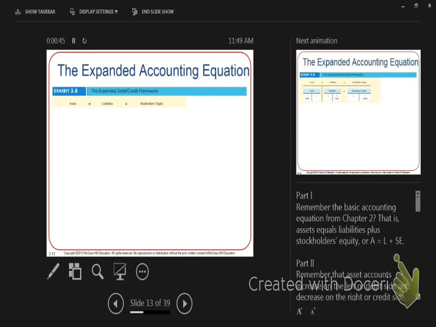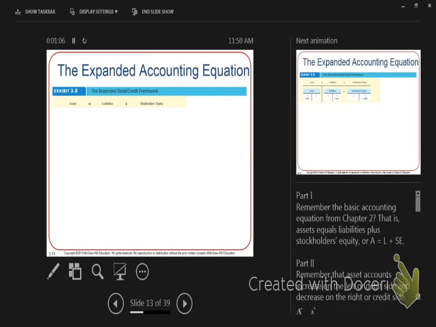Our two main items under stockholders' equity are common stock and retained earnings. And they both carry what balance? Credits. But remember when we were going through these, I said that was like 95% of the time, right?